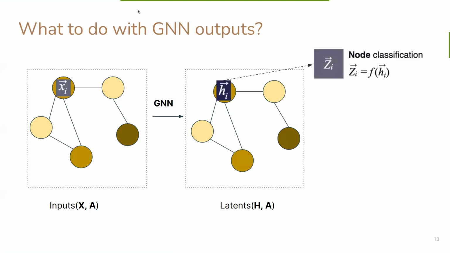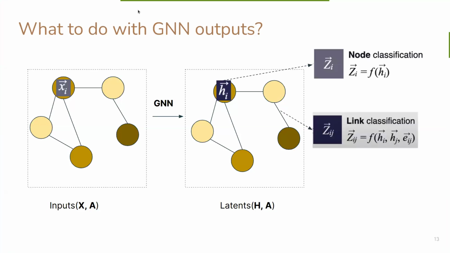Once we reach this final representation, we can perform various kinds of tasks. We can do node classification using just the embedding, let's say h1, so some node level classification.